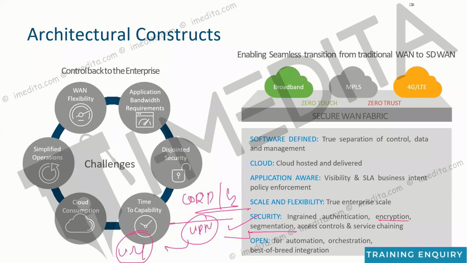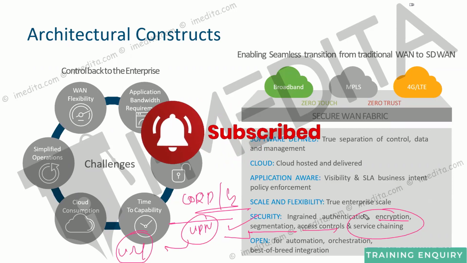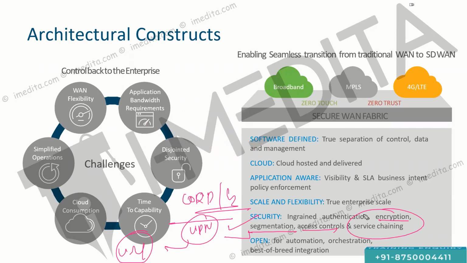We can define a variety of access control mechanisms. We can redirect our traffic to a firewall, and then from there we can send the traffic somewhere else. So the integrated security features are available, such as authentication, encryption, segmentation, access control, and service chaining. A lot of security features are already integrated. For basic security, we might not need a dedicated firewall.